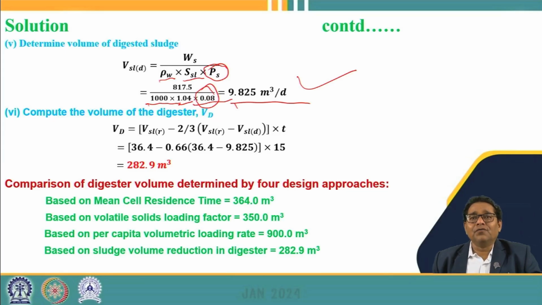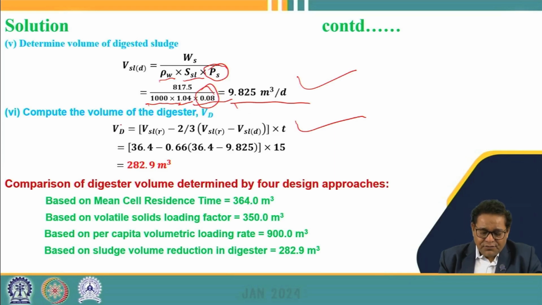Now from this, we use the relationship to find the volume of the digester and put in these values.